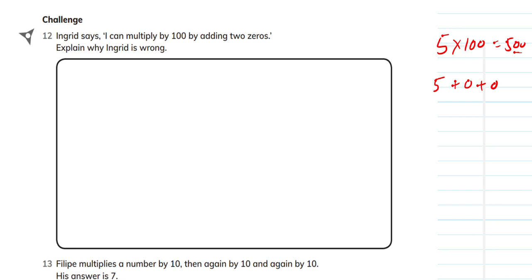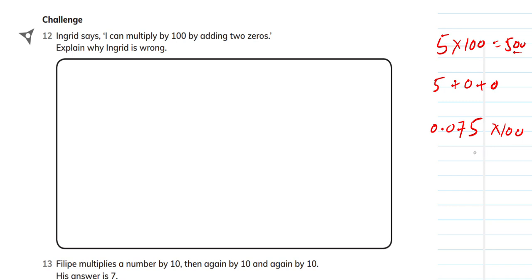For example, if we have a decimal number, 0.075, let's suppose, and you multiply it with 100, what will happen? You will not put the two zeros beside it.